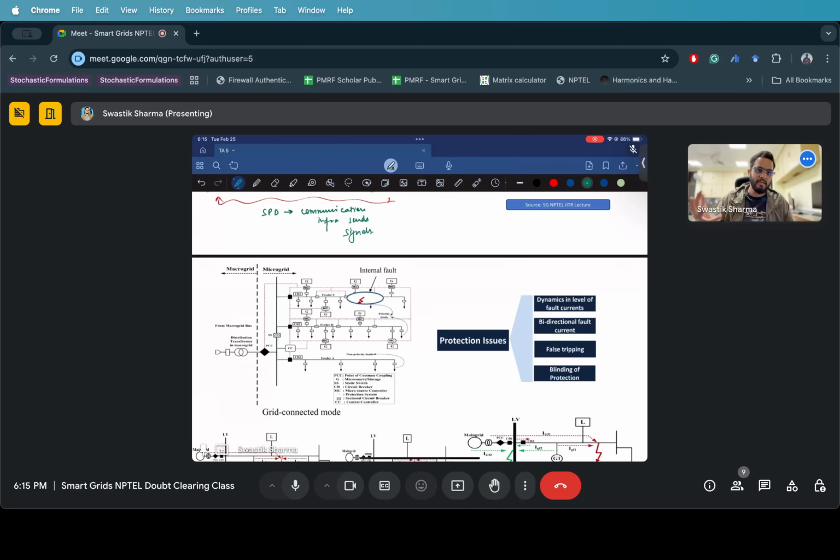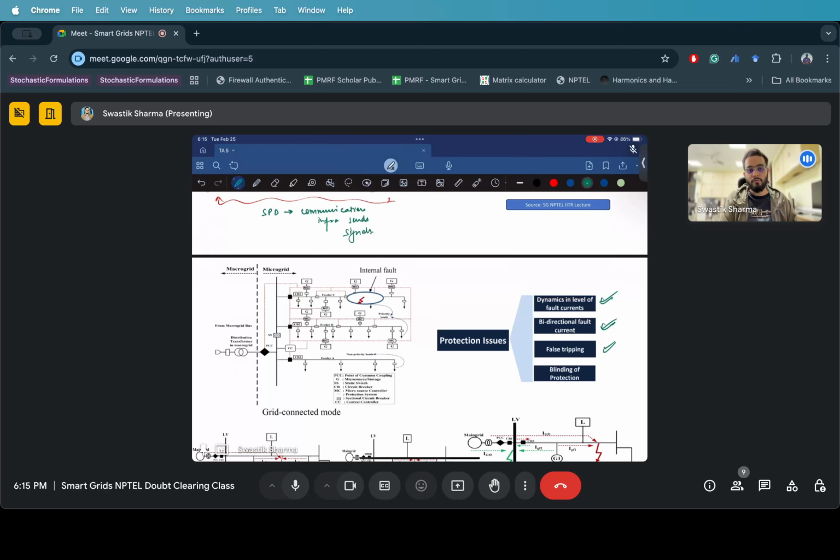There are certain issues that affect their integration into the microgrid, and these protection issues are dynamics and level of fault currents. We have bidirectional power flow and bidirectional current flow. We have generation and distribution side, right? And we can supply this generation back to the grid too. So due to this bidirectional power flow, we can have protection issues.